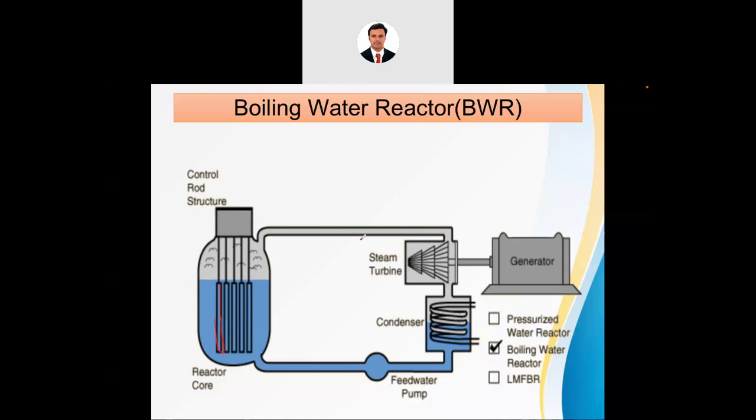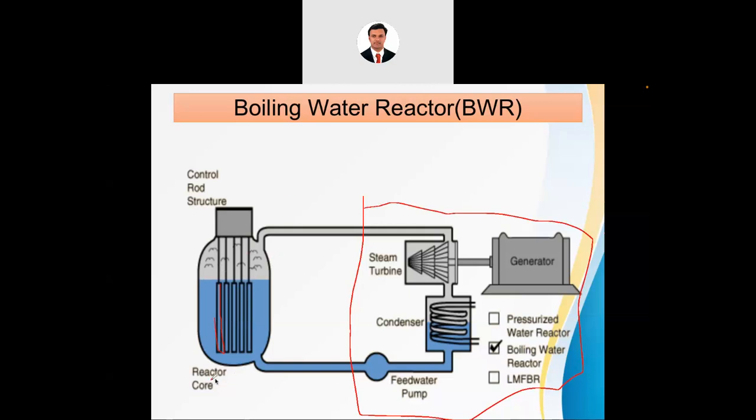The big difference is that this steam, which came directly in contact with the nuclear fuel rod, directly goes to expand in the steam turbine. After expansion, the condenser is there, and also the feed water pump. So this arrangement is similar to the Rankine cycle or your simple thermal power plant, right?